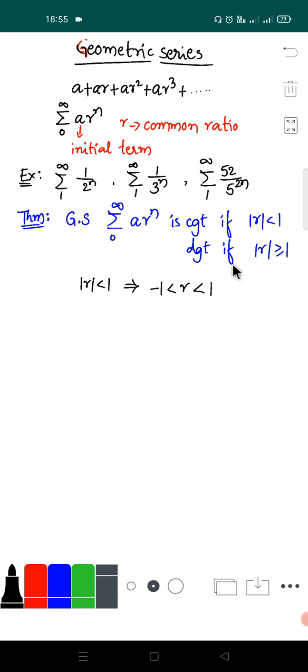And if the modulus of r is greater than or equal to 1, it means r is any value other than between minus 1 and 1, that is, r belongs to minus infinity to minus 1 union 1 to infinity. If r is like this, then the geometric series does not converge. So this is the statement.